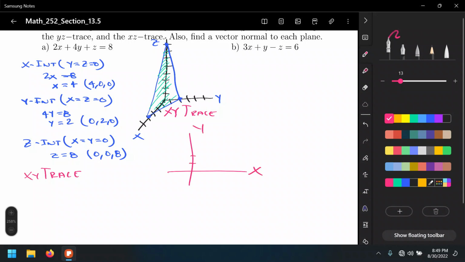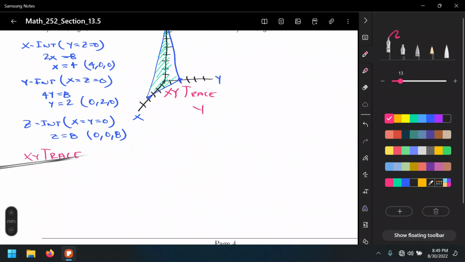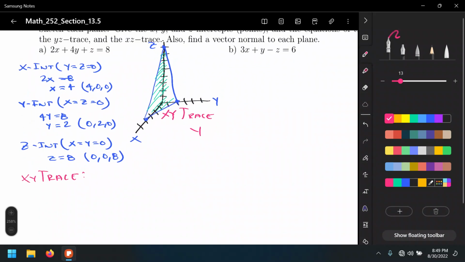Do we agree with this picture? Okay, so that's the xy trace, and to represent the xy trace, all we do is set z equal to 0 in the equation and simply write the rest. 2x plus 4y equals 8.